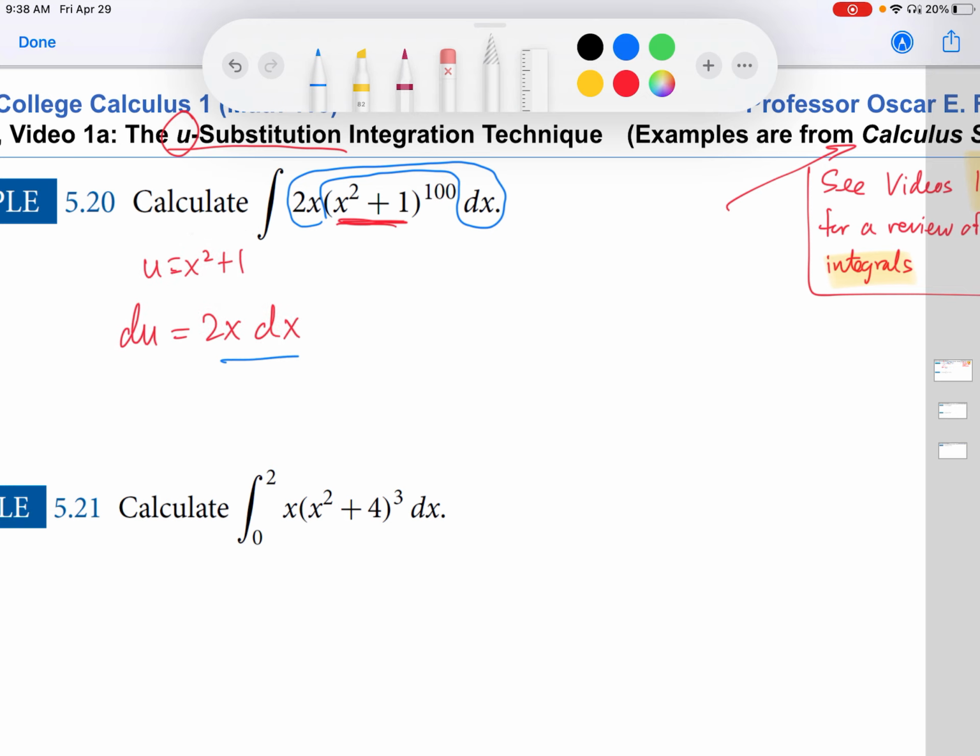All right. So again, because this is a first example, everything fits very nicely. And so what's going to happen once we substitute these things in there is you'll see that we will immediately have all the x's go away. So this is going to be the integral of, the blue stuff here becomes just du. 2x dx, that's literally du. And then this we keep saying here is u, so this becomes u to the 100.